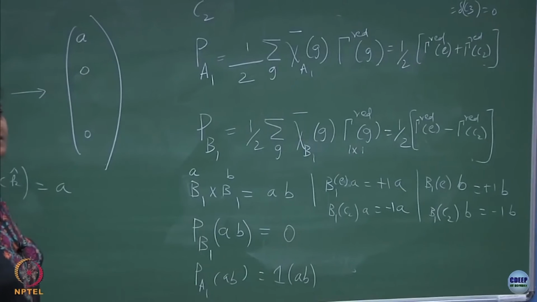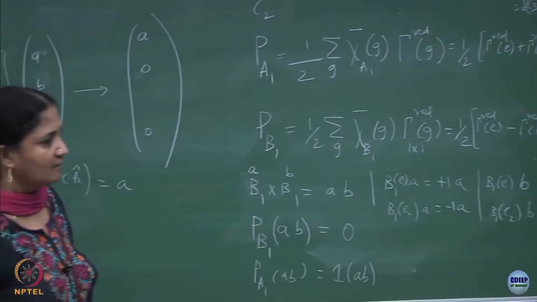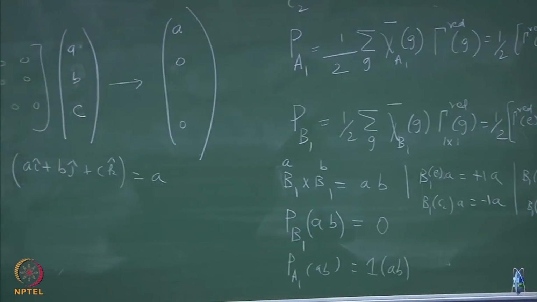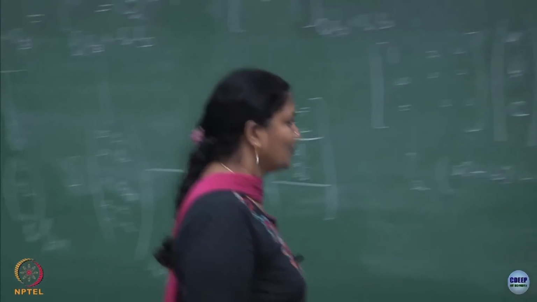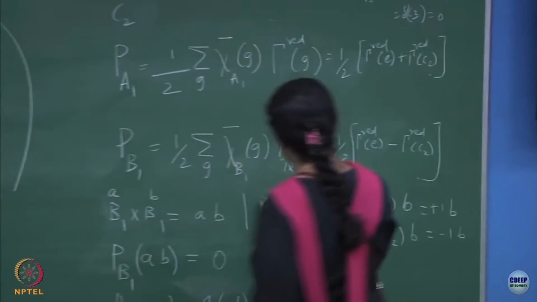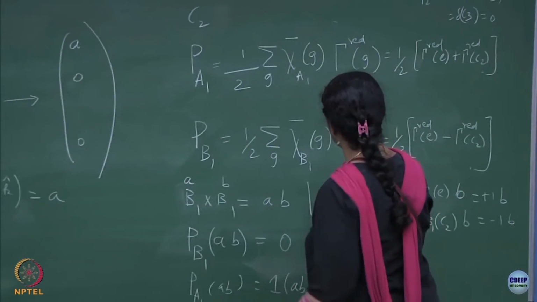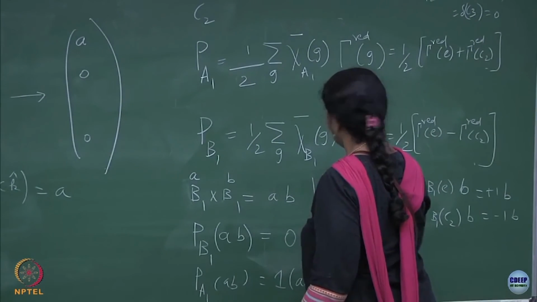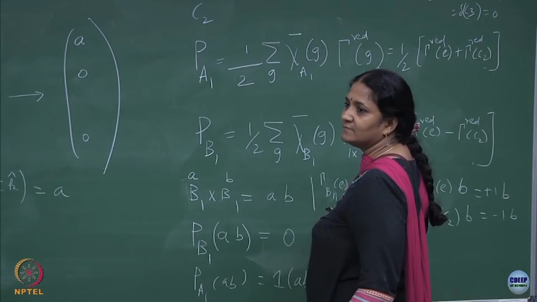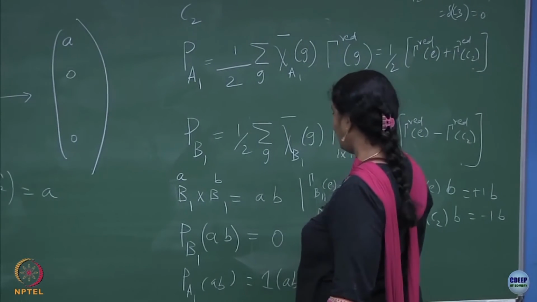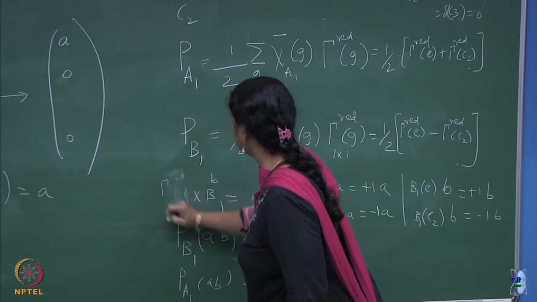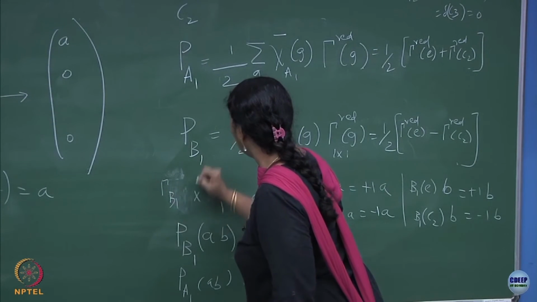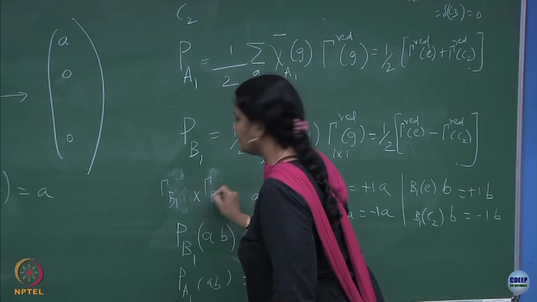Yeah, someone was saying something, minus sign. It's fine? Yeah. I am just showing it in a shorthand notation. Technically it is gamma, the irrep alpha. Here also it should be a gamma B1 cross gamma B1.